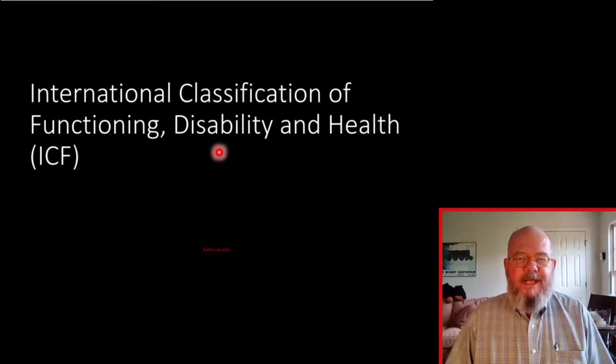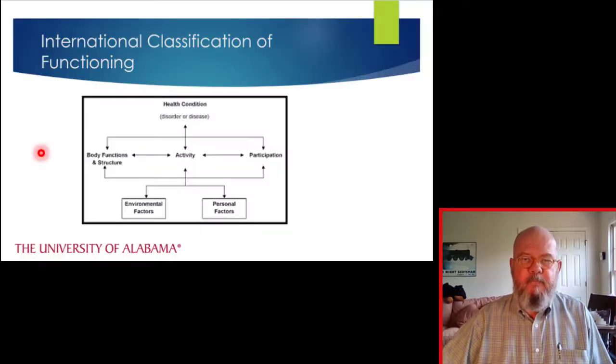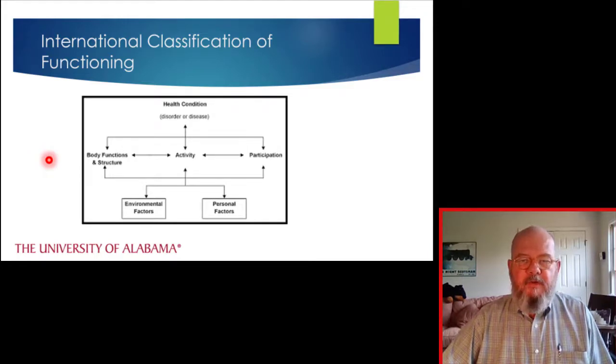The International Classification of Functioning, Disability and Health is often shortened to ICF. The ICF is a framework for thinking about first the health conditions of the child, or person actually, but we're talking specifically about children here.